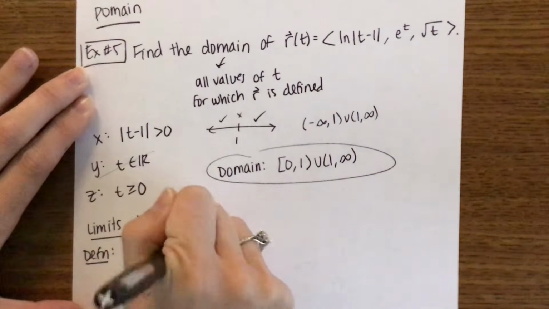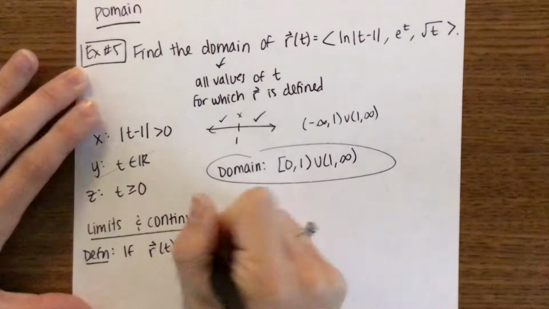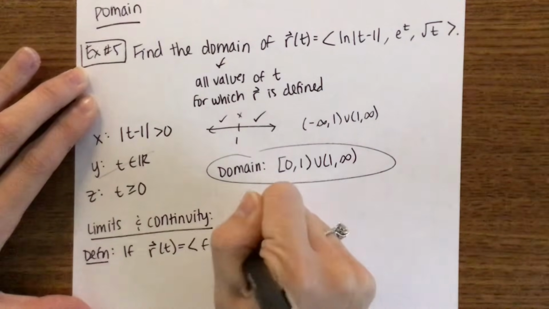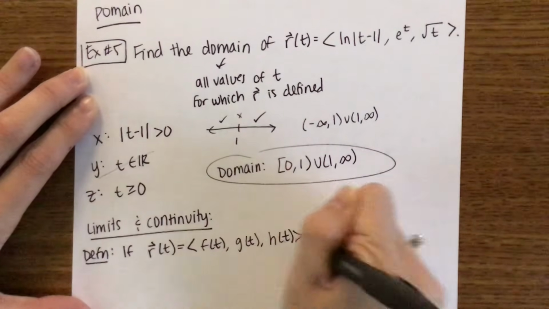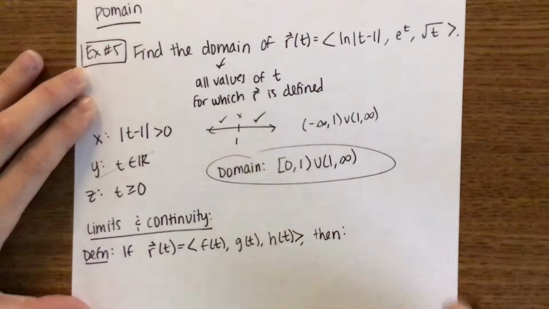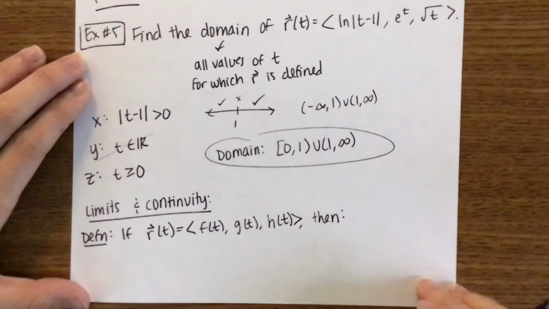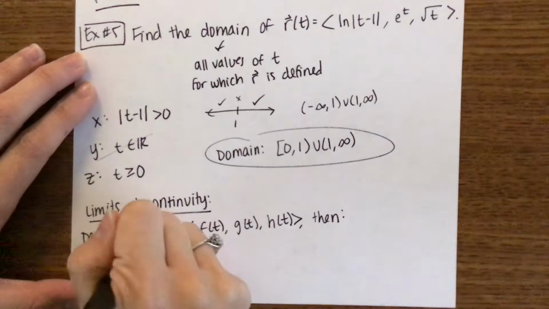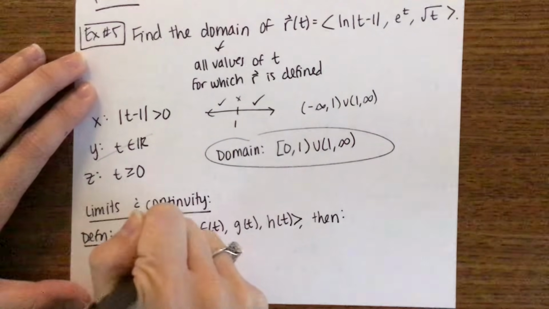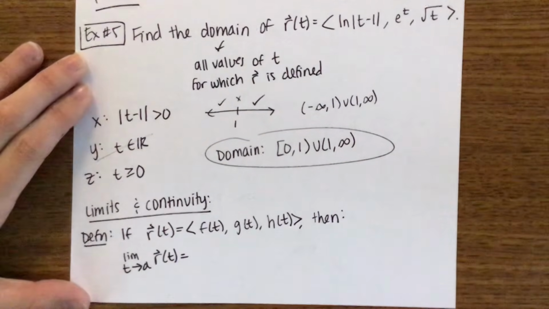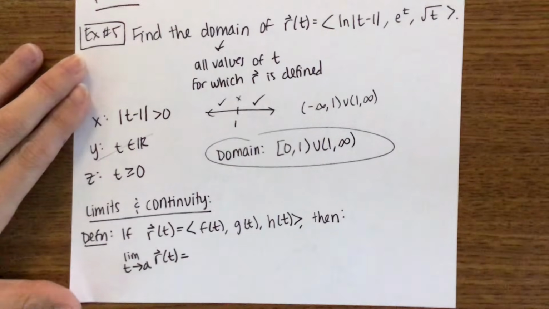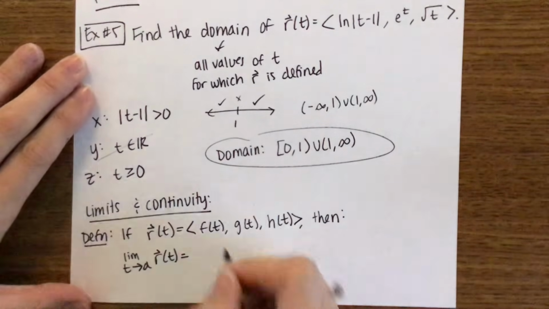Consider r of t to be a vector valued function with the component functions f of t, g of t, and h of t. Then the limit as t approaches a of r of t: the way you find that limit is you find the limit of each of the component functions.